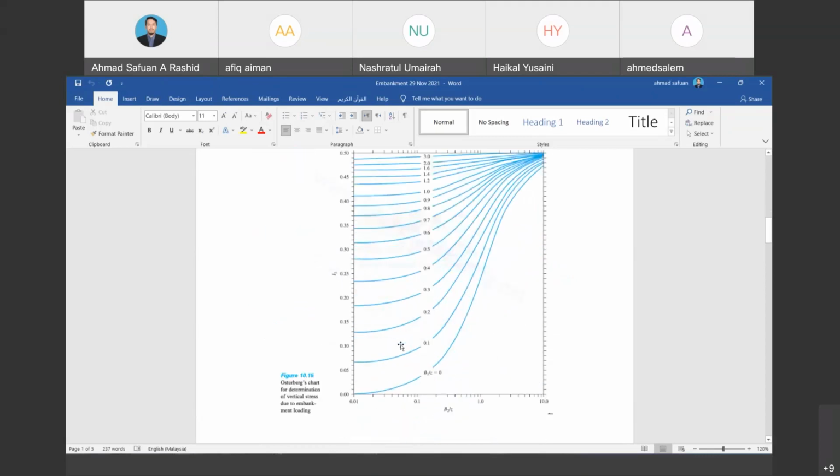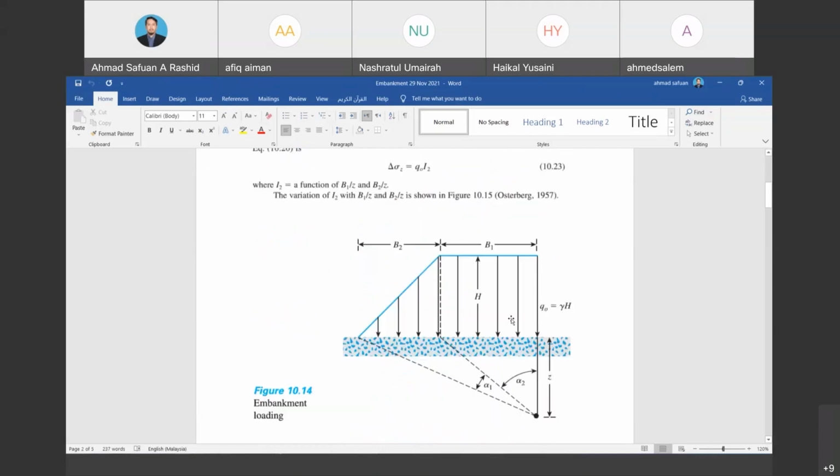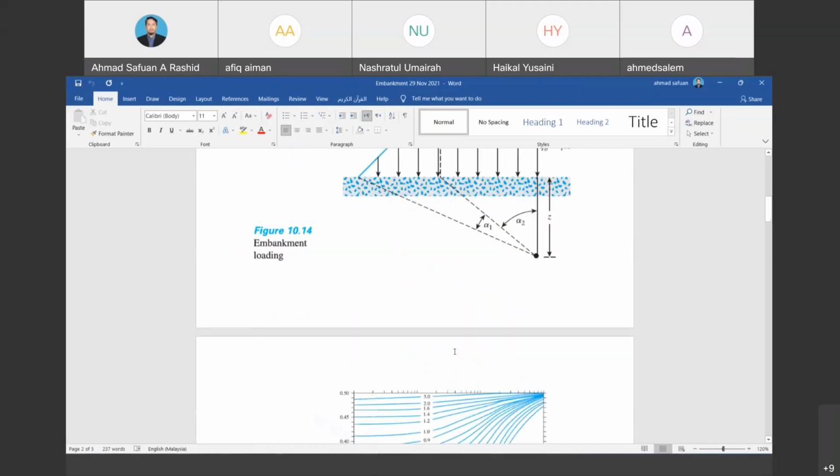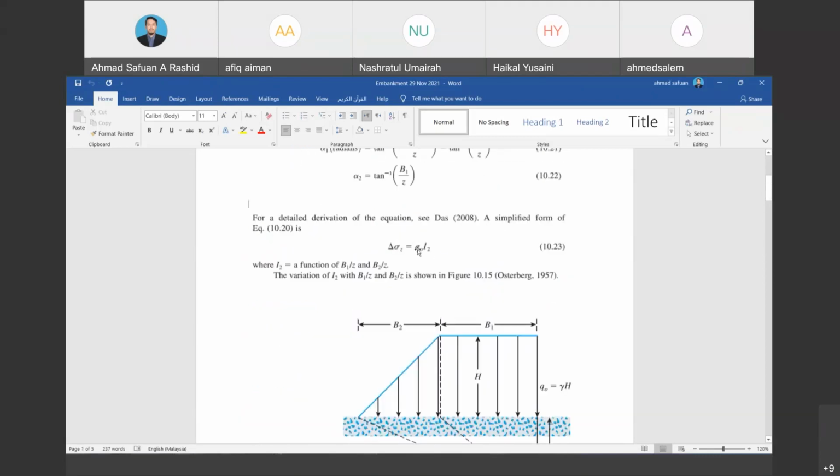Another one is B2 over Z, the width of the slope area over Z. Then we can determine the I2, and multiply the I2 with Q naught to obtain the increment of stress at a certain level.